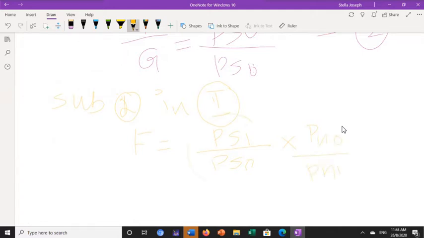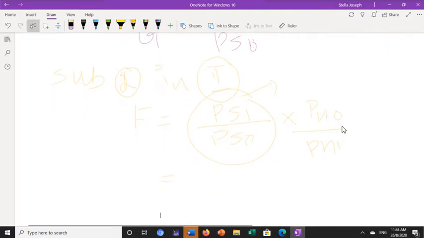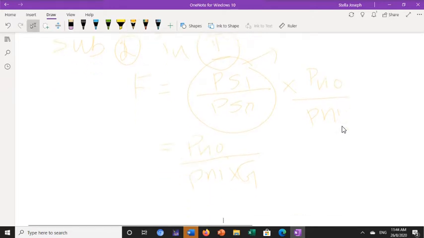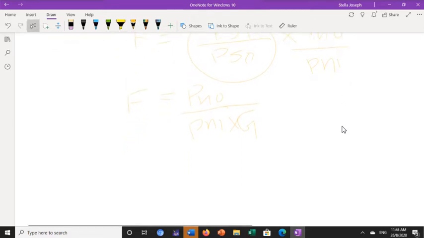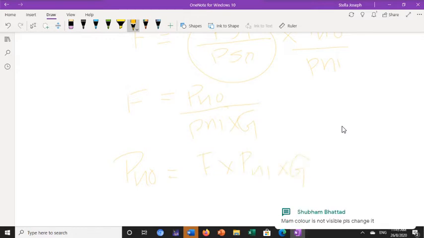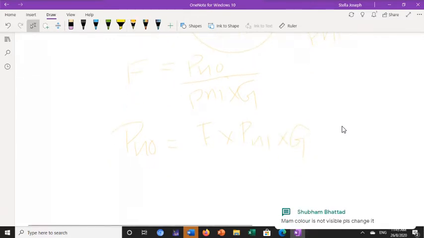For PSI divided by PSO, I substitute 1 by G. So the equation is F is equal to PNO divided by PNI into G. From this, we can find the output noise power: PNO is equal to F into PNI into G.